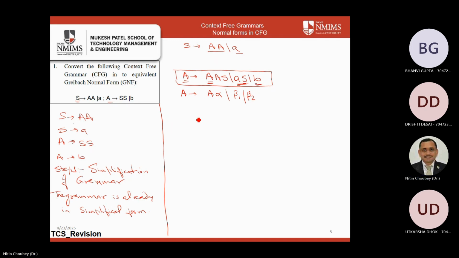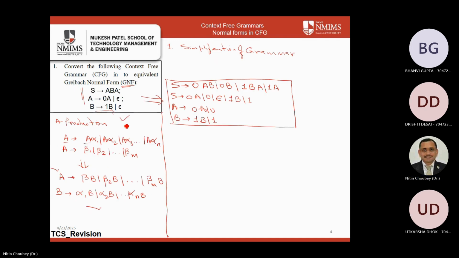And it's time to apply this rule. That is, if this is the form, just make A equals beta and B equals alpha B, where this is beta 1 bar beta 2 bar beta m and this is alpha 1 bar alpha 2 dot dot dot alpha n.